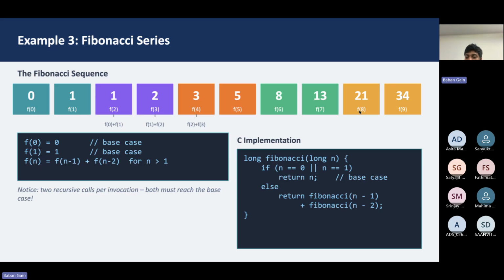We can just do it with recursion. When it goes to f of 7, it will calculate f of 6 and f of 5. Similarly, when it goes to f of 8, it will calculate f of 7 and f of 6. But ultimately, we should have a base condition that f of 1 is 1 and f of 0 is 0. So if any such cases are there, then we should return that.